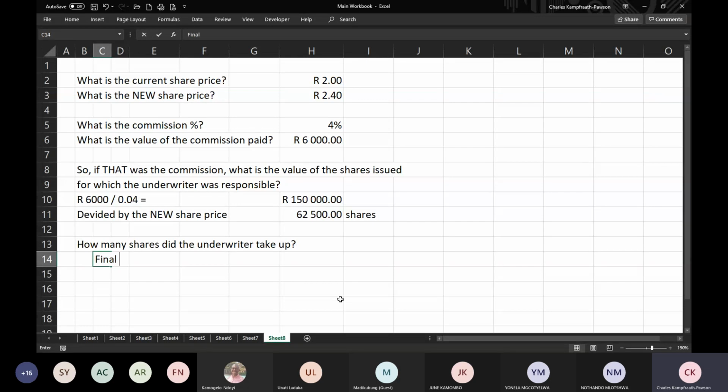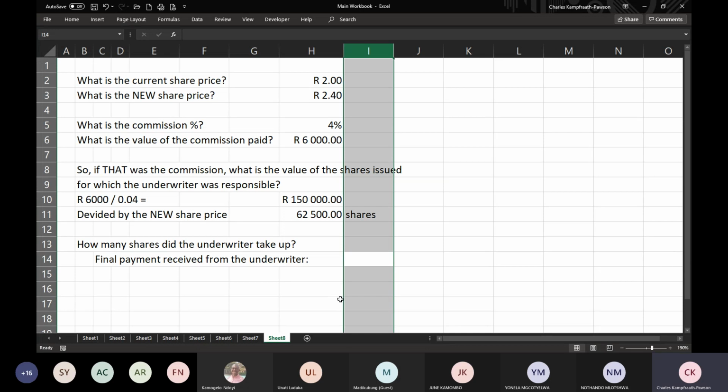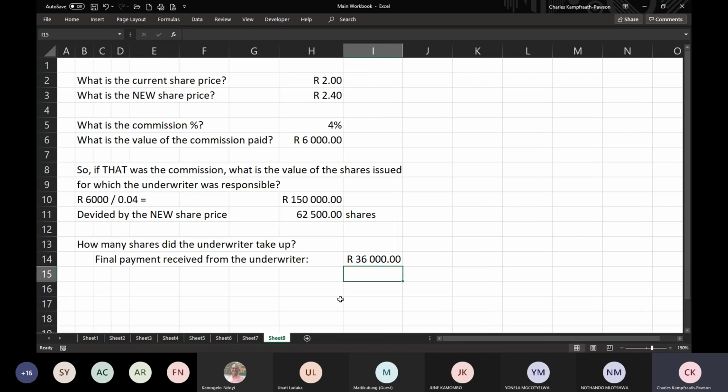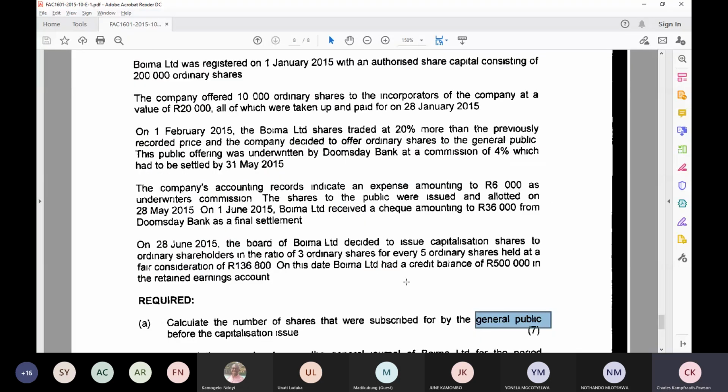Final payment received from the underwriter. $36,000. Correct? Yes.